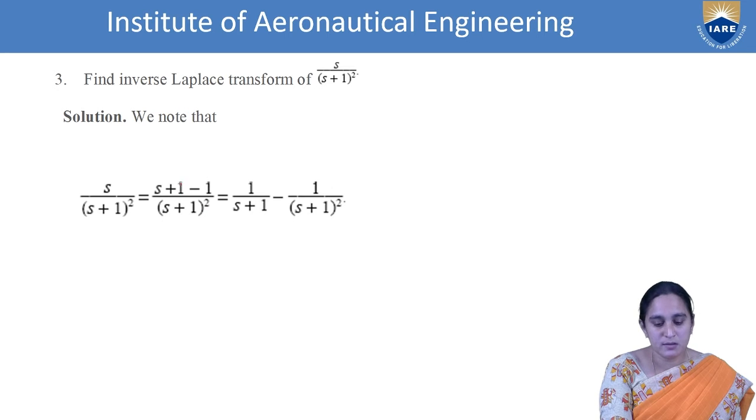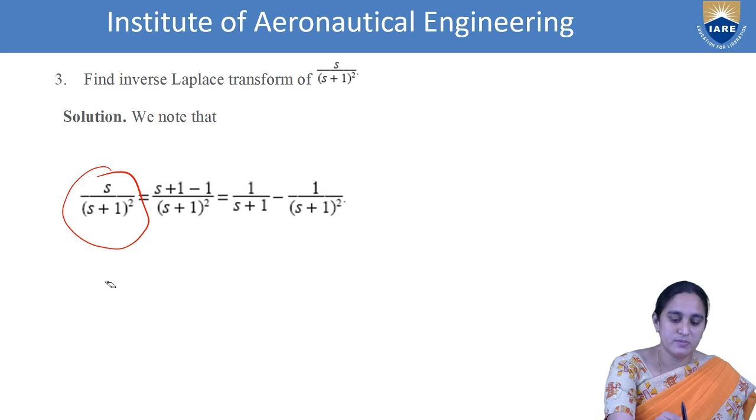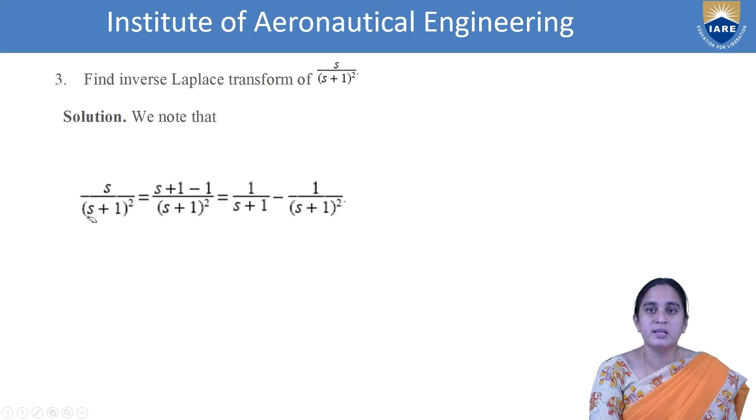If you cancel 1 and minus 1, again we get the same function, right? That's why, for our convenience, I'm adding and subtracting 1. That is (s plus 1 minus 1) by (s plus 1) whole square.